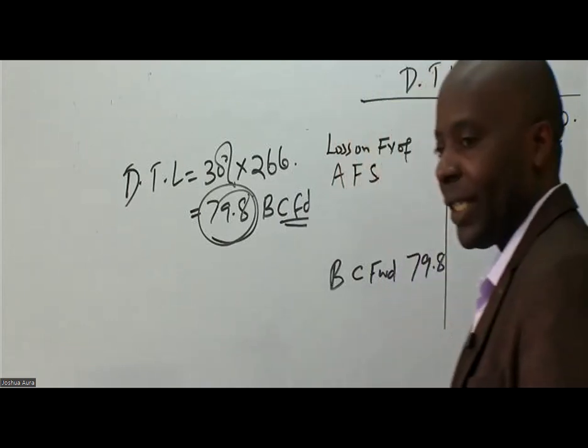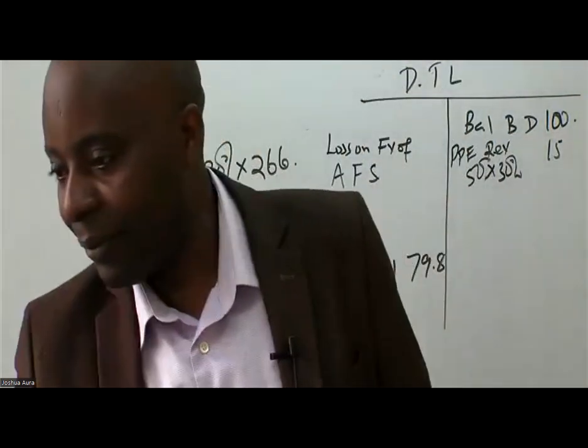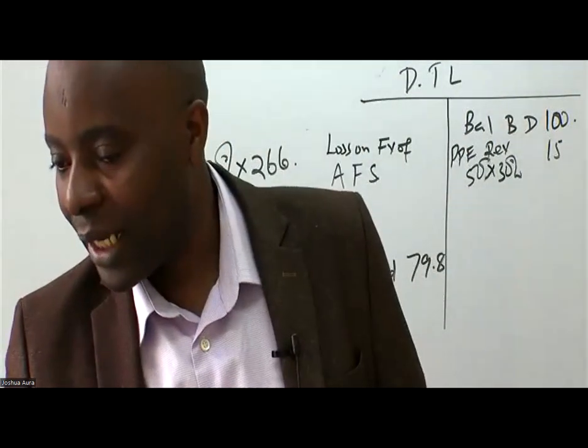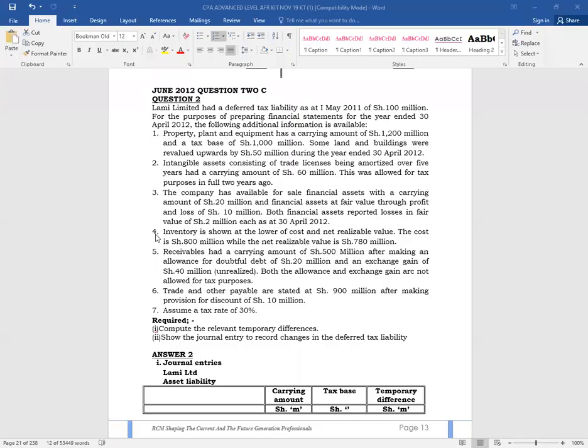The financial assets, remember we have some financial assets, ladies and gentlemen. Whenever you make a loss on available for sale financial assets, the taxman will allow you to enjoy some tax there. So in this case, what is the loss?